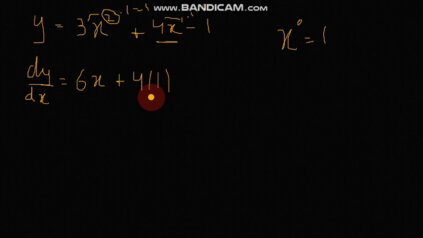Alright, so this is something that we don't usually write, but this is just for understanding. Now minus 1. So over here we know that x is with power 0. Why? Because we know that x with power 0 is equal to 1. So 1 multiplied by 1 is equal to 1. So that's the reason why it is written as only 1 and not with x power 0.